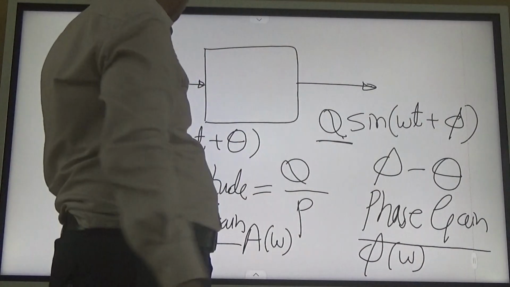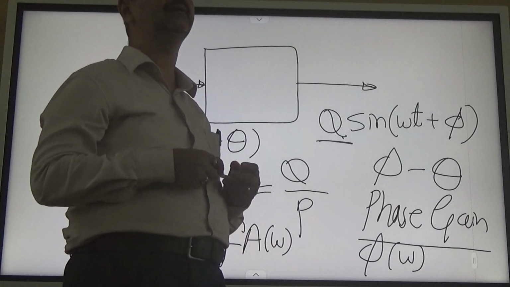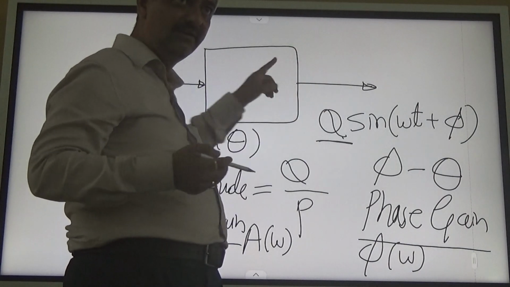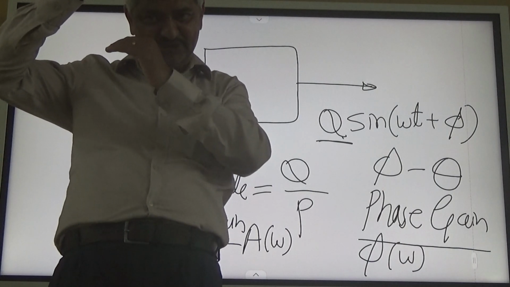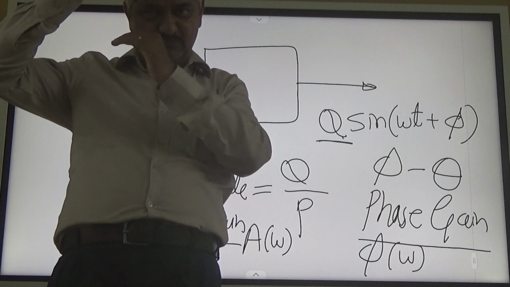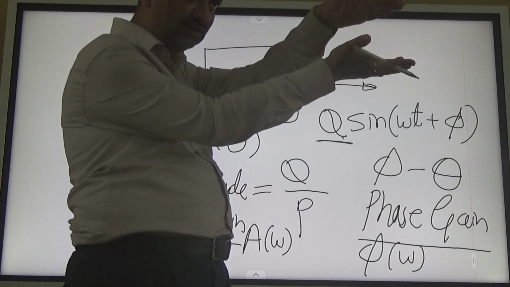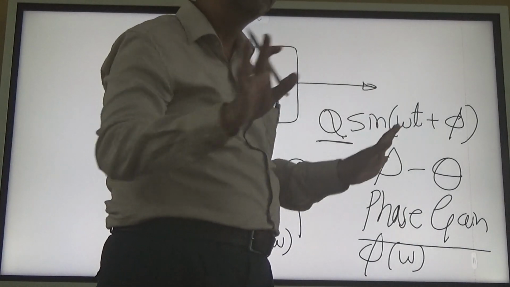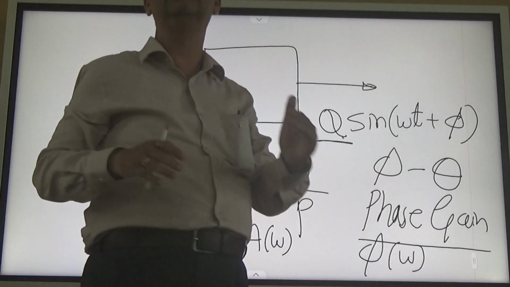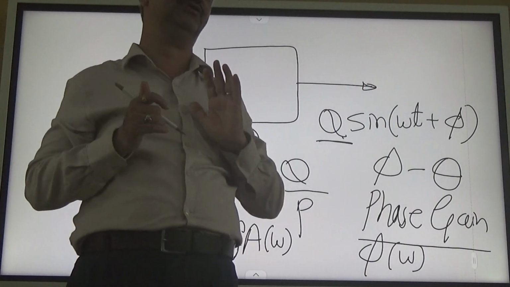Means for one frequency, if I apply a signal of constant amplitude, for one frequency output may be somewhat less, for some other frequency it would be much less. Is it clear? And there will be phase shift between input and output.